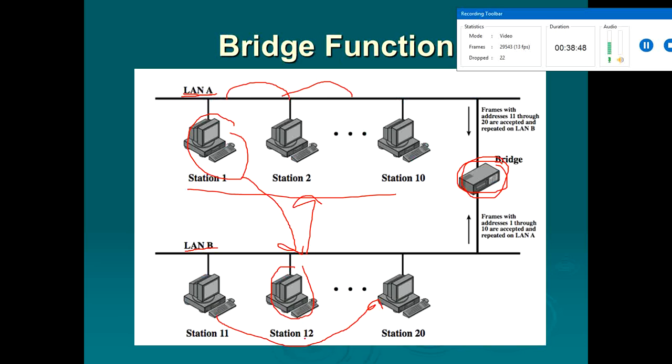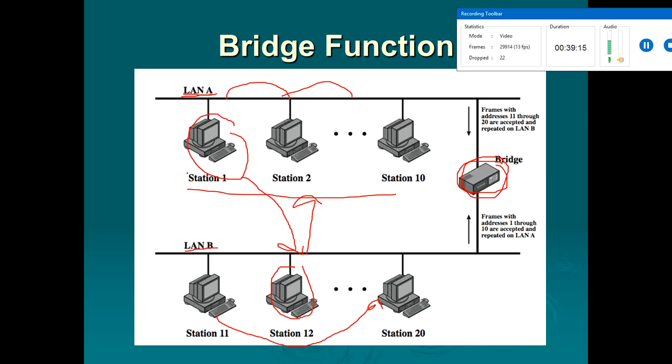This means that if station 1 is sending a frame to station 2 or to station 20, it should appear to the station that it is transmitting a frame on a single LAN, on which each station has a unique address. The station uses that unique address and need not explicitly discriminate between the stations on the same LAN.